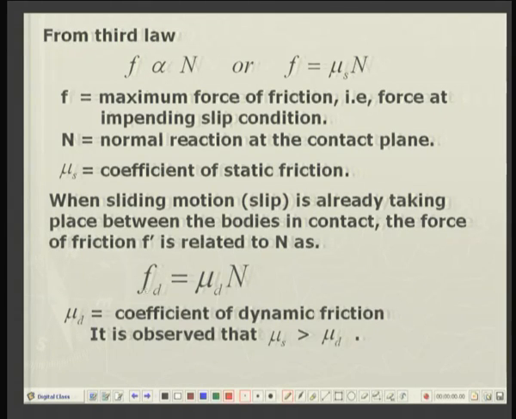Now, this is F static, Fs, and this is Fd, the dynamic friction, which is equal to a new constant mu d, the coefficient of dynamic friction, times N. And since the force of friction at the state of impending motion is greater, the coefficient mu s is greater than the coefficient mu d.